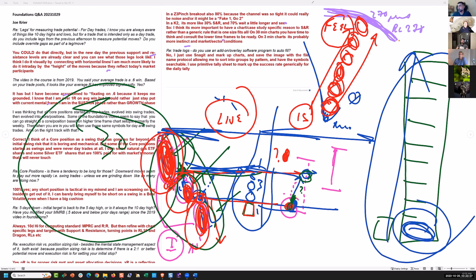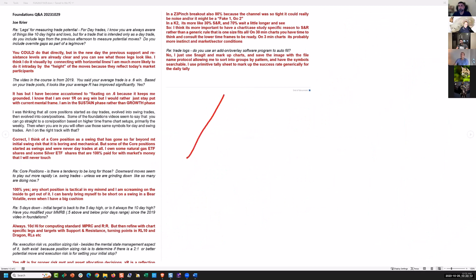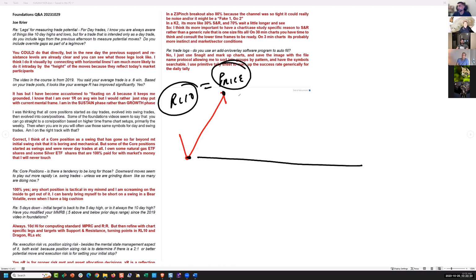So the actual thing that I care about is where was the turning point? And that has everything to do with why I use the RL10 equals price. I actually believe that those price levels where turning points occurred matter to me because I'm trying to express that distance in terms of standard units of measure.